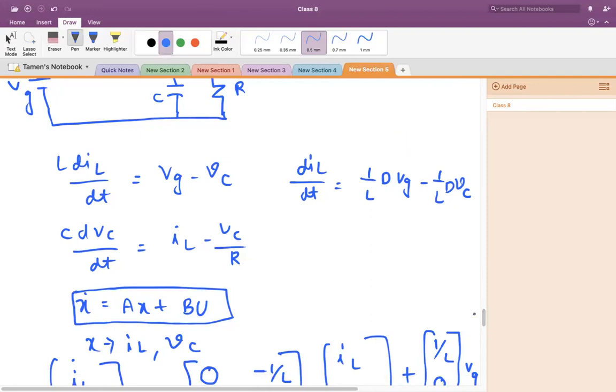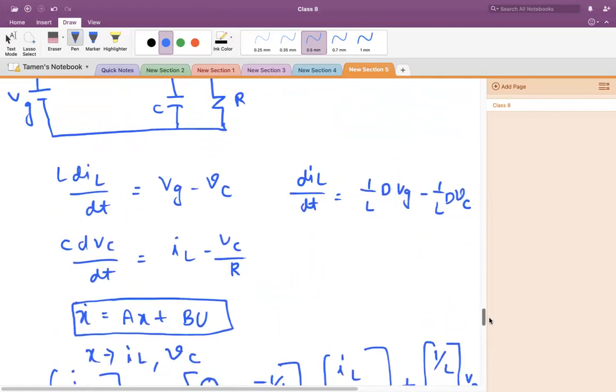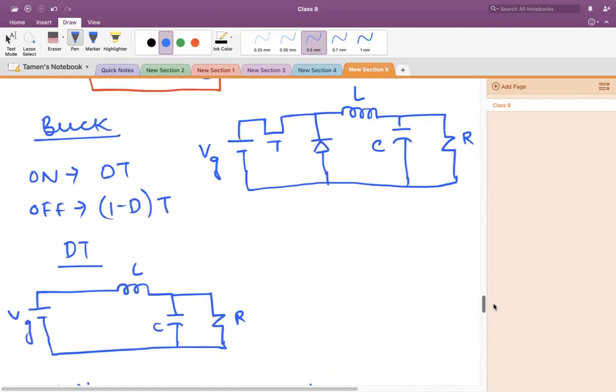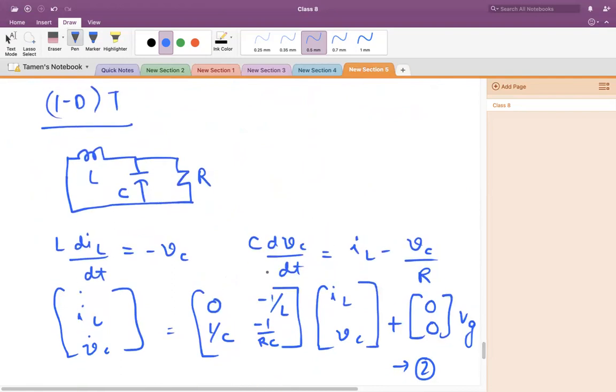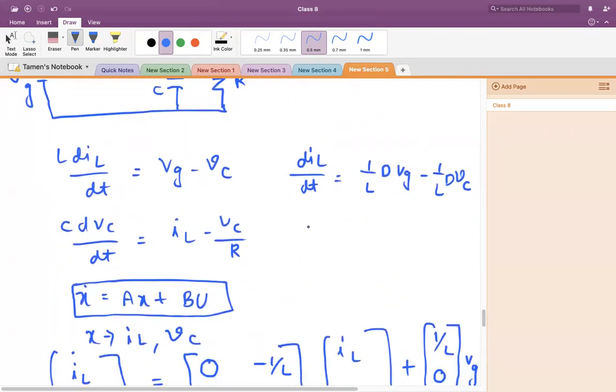Now for the off part, the same. This is the off part. It is dIL by dt equal to minus 1 by L, 1 minus D into VC.